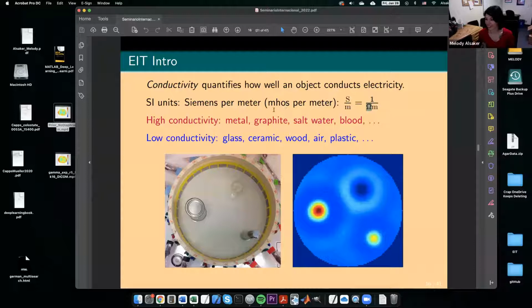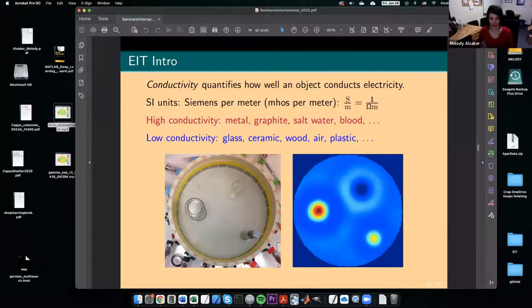I know that's kind of silly. High conductivity objects are things like metal, which conducts electricity well, graphite, salt water, and blood. Low conductivity things are like glass, ceramic, wood, plastic, air, your insulators.